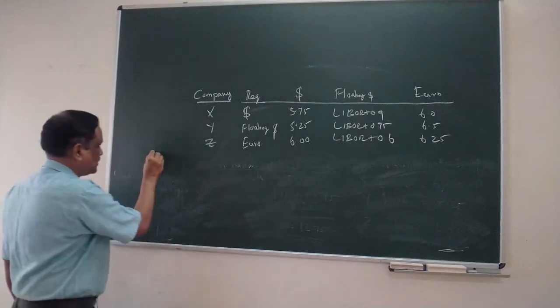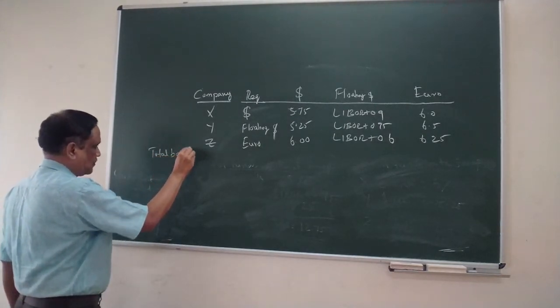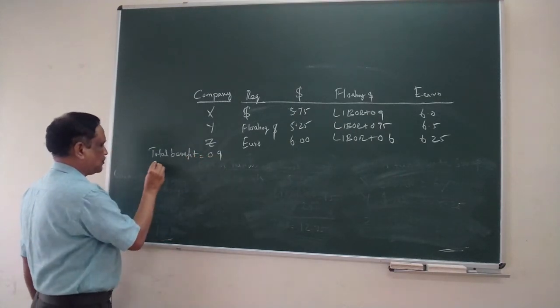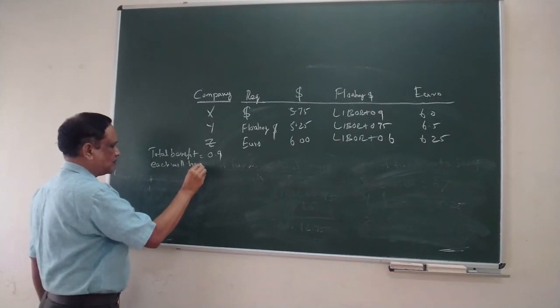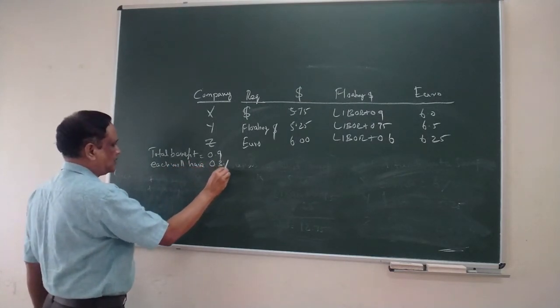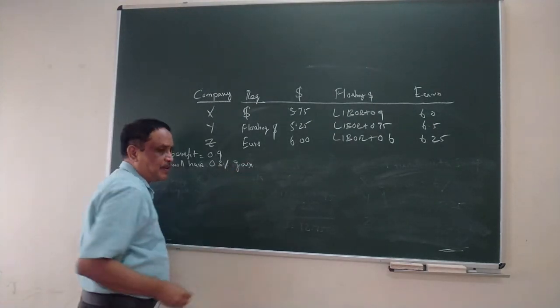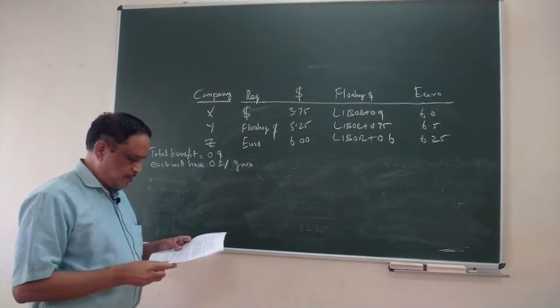So the total benefit is 0.9. Each will have a 0.3 percentage gain. 0.9 divided by 3 is 0.3.